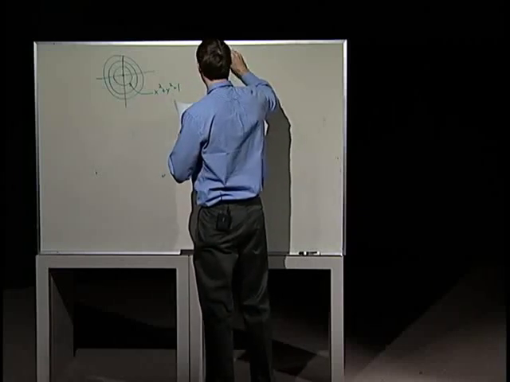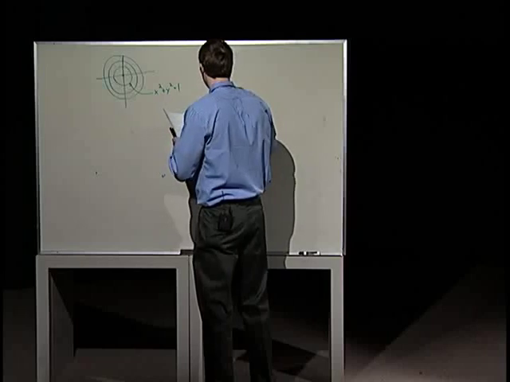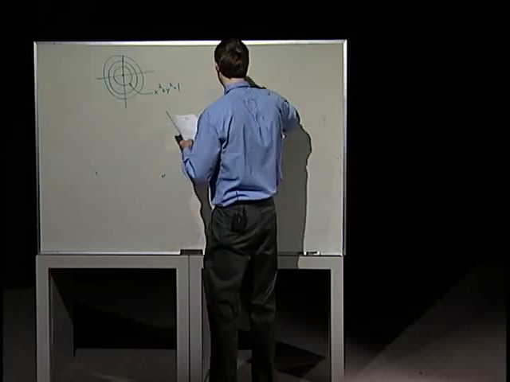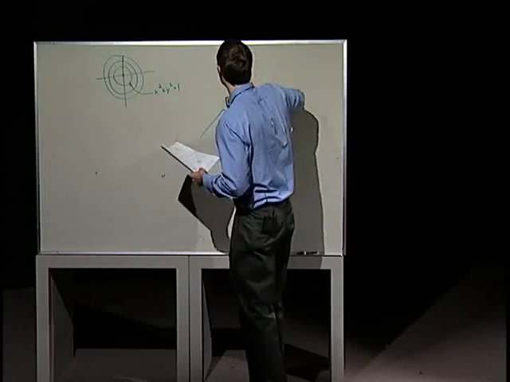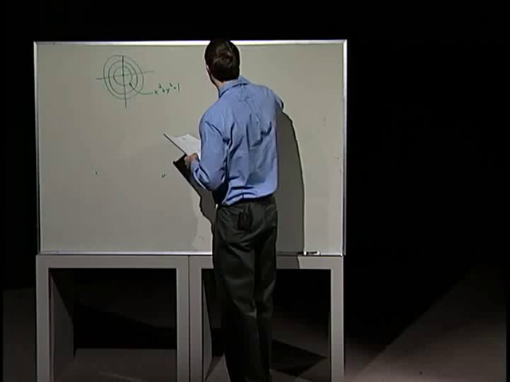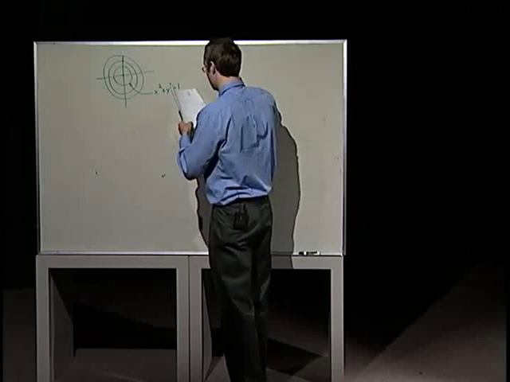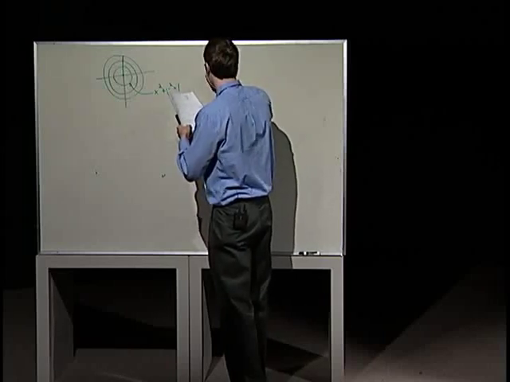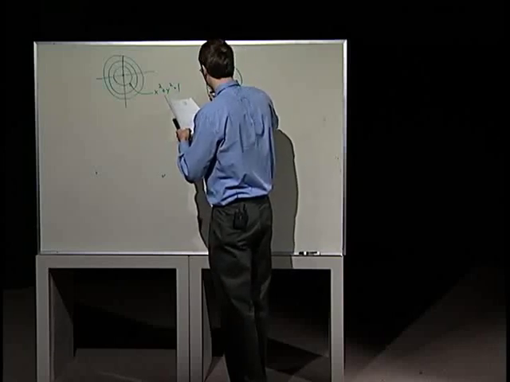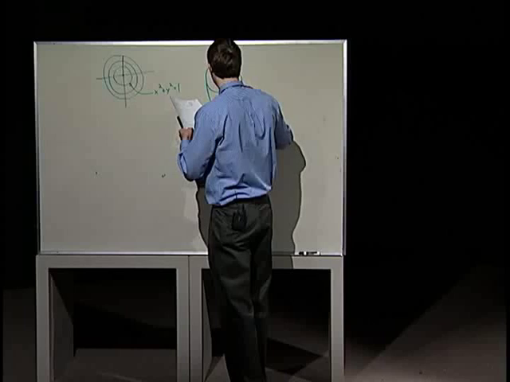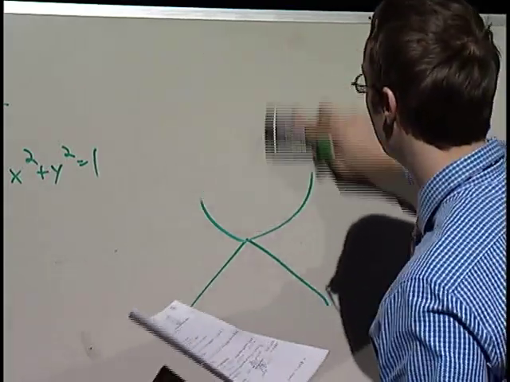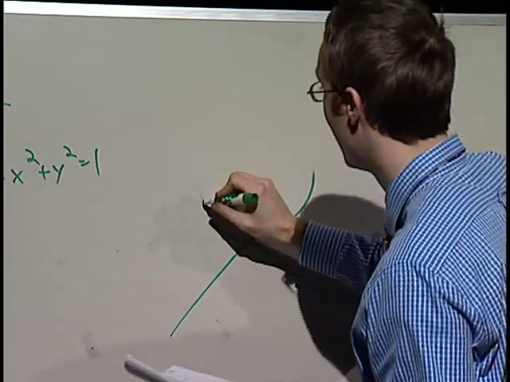So we want a paraboloid. Let me move this over a little bit. There's a circle, and does that look like a paraboloid? No, not particularly. Let's start again. Let's start from the bottom and work up.